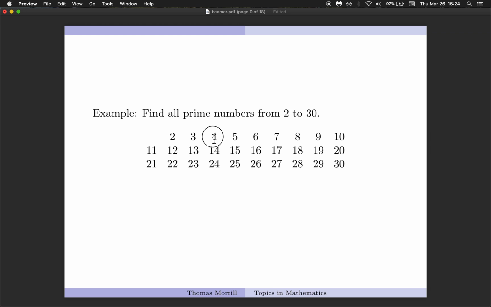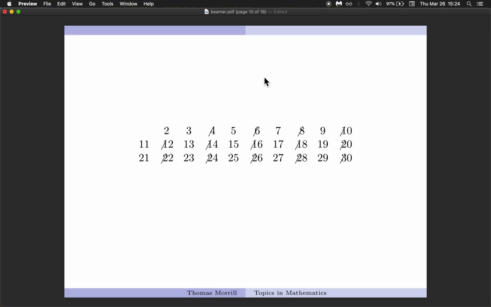I'm going to start at 4 and strike out every other number. So that looks like this. So 4 is gone, 6, 8, 10, 12, 14, 16, 18, 20, 22, 24, 26, 28, and 30 are all composite numbers, and they are all struck from the list.